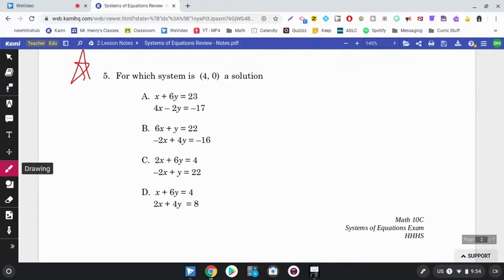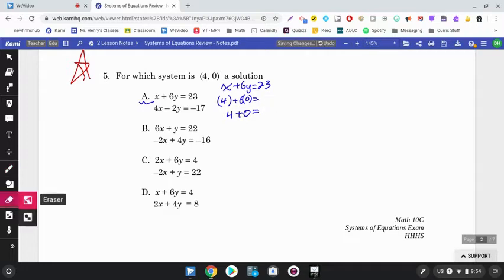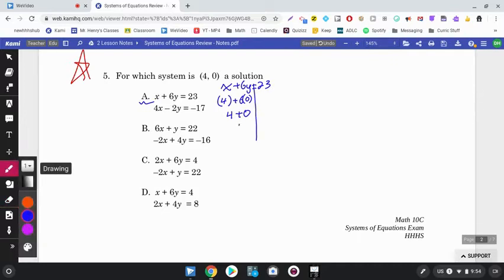Okay, we're going to verify for A. x plus 6y equals 23. So 4 plus 6 times 0 equals 23. Well, 6 times 0 is 0. So I get a simplified 4 on the left, and on the right, you had 23.